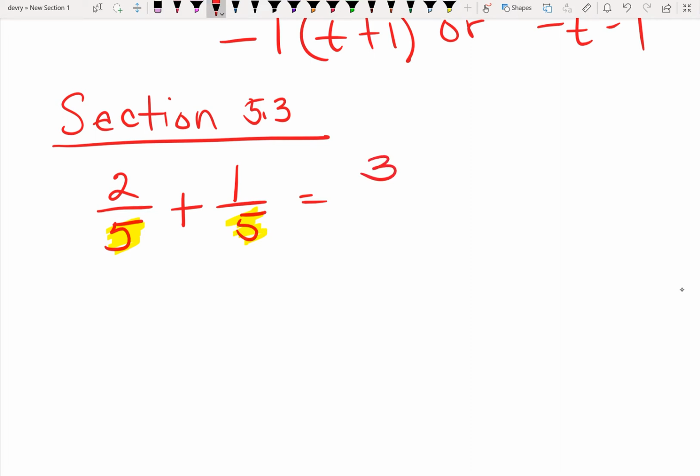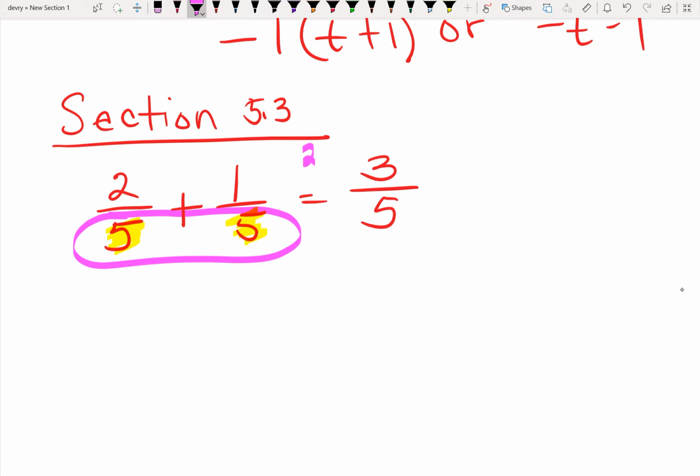So 3 over 5 would be our final answer. I can only focus on that because both denominators are the same. I can focus on the fact that 2 plus 1 is equal to 3.